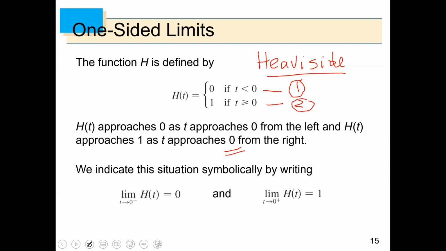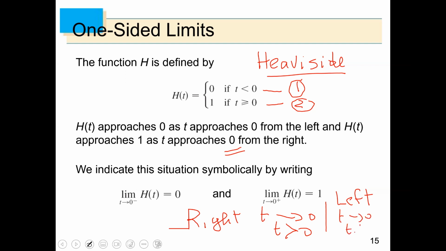When we say right, that means t approaching 0, but t is greater than 0. And when we say left, t is approaching 0, but t is less than 0. We will call right, for this case, 0 plus and left 0 minus.